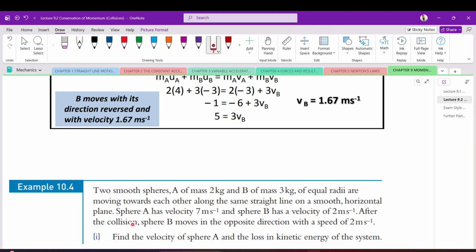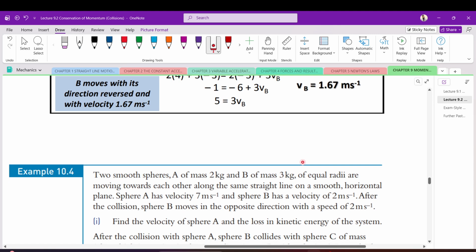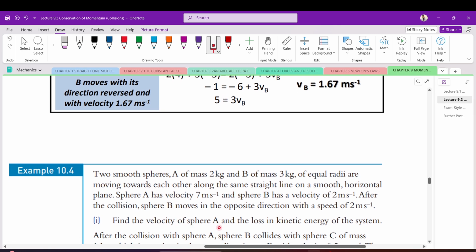After the collision, sphere B moves in the opposite direction with a speed of 2 meters per second. Find the velocity of sphere A and the loss in kinetic energy of the system. So A and B are moving towards one another, and the direction of sphere B has been reversed.